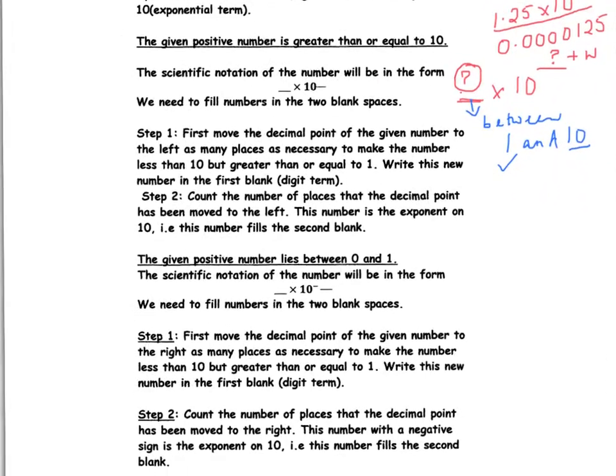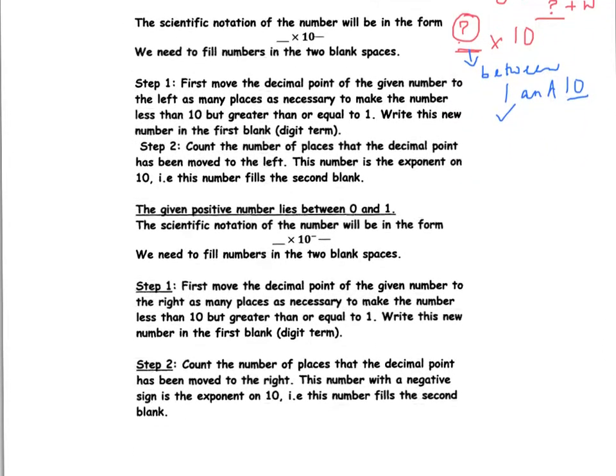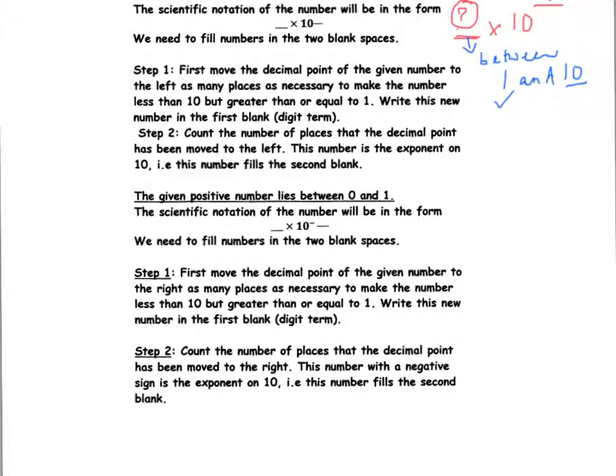Now, suppose we have a small number between 0 and 1. We can write it as some number times 10 to a negative whole number. So a negative number over here, but that's a whole number with a negative sign.